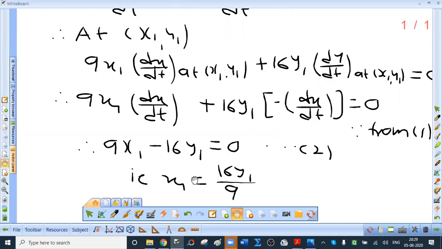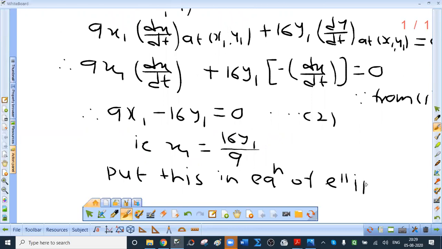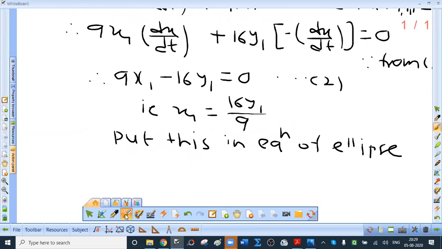Therefore, I will put this in the equation of the ellipse.